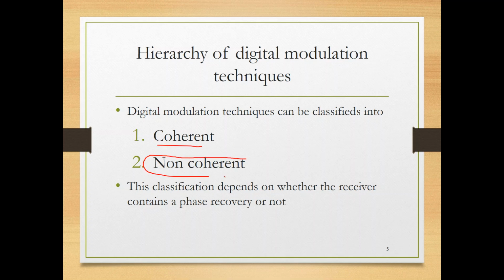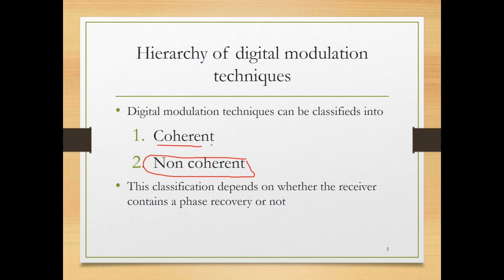Non-coherent, on the other hand, is a modulation scheme that does not require perfect synchronization between the transmitter and receiver. The carrier does not need to synchronize perfectly with the carrier of the transmitter. What are the consequences of this? When do you prefer coherent over non-coherent? Which one is better if these are the two schemes?